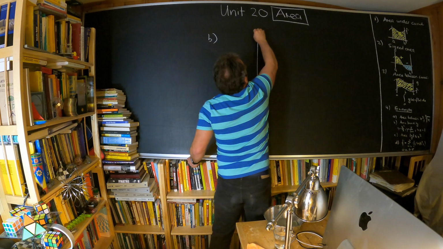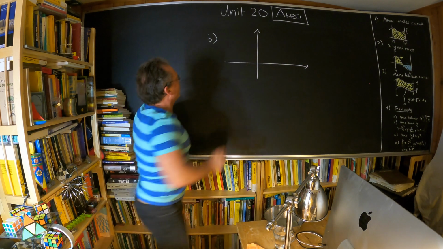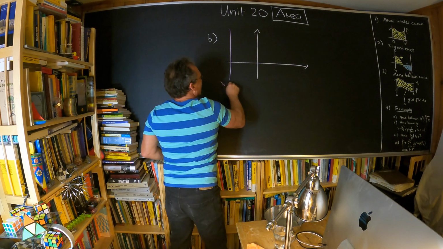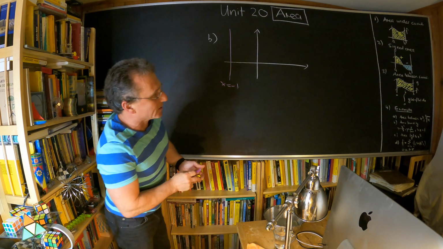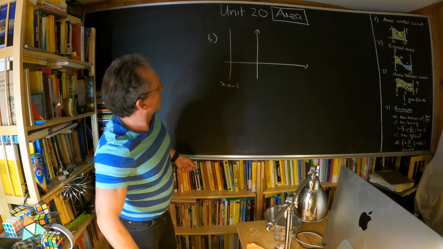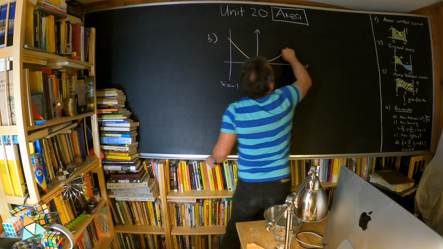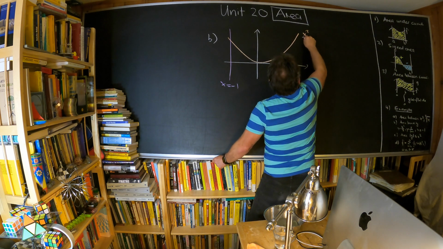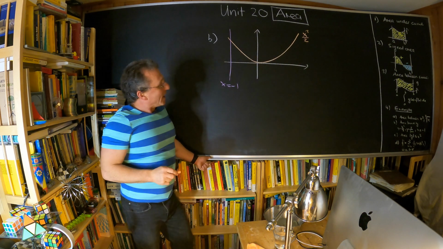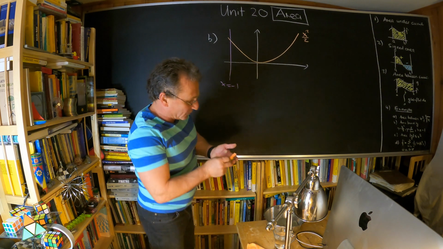Let's just draw this. So that's the curve x equal to -1. That's the easiest one. Then we have x squared over 2, that's this. And finally, we have also the curve 8 over x plus 6.